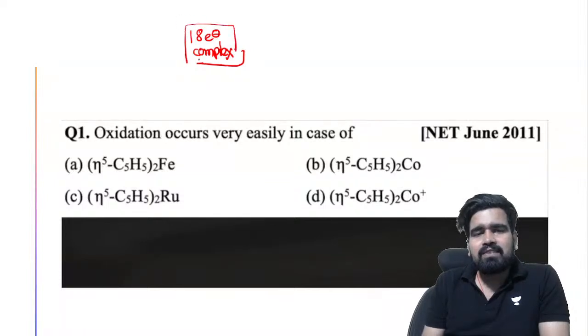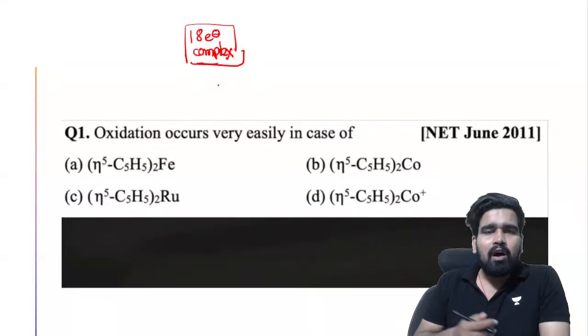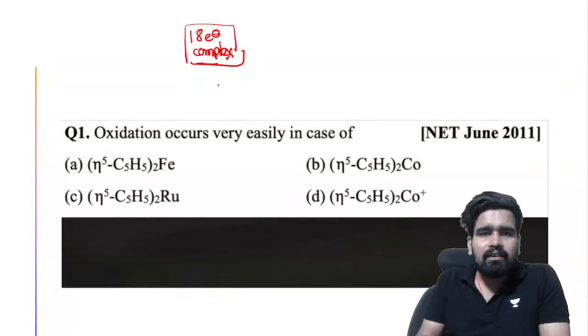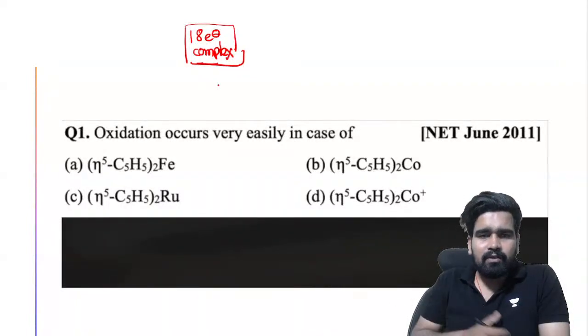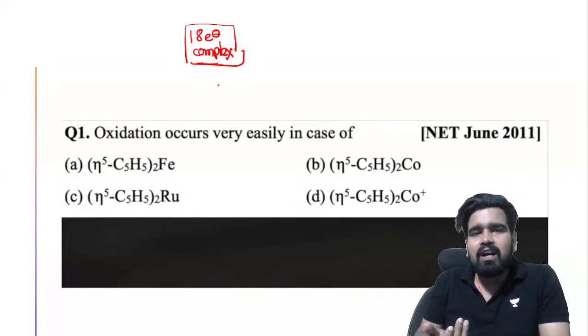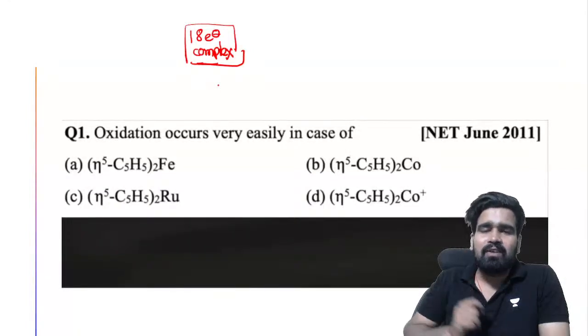If any complex does not possess 18 electrons, meaning it has 17, 16 or more than 18, it will show some kind of reaction. Either it can lose electrons or it can gain electrons, and it tries to convert into an 18 electron complex so that it can become stable.